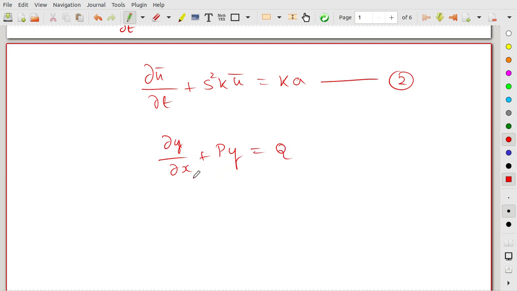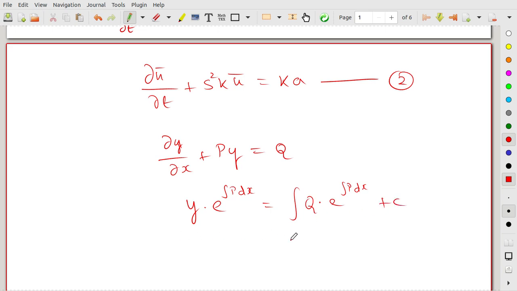This can be written as y into e power integral p dx equals integral q into e power integral p dx plus c.